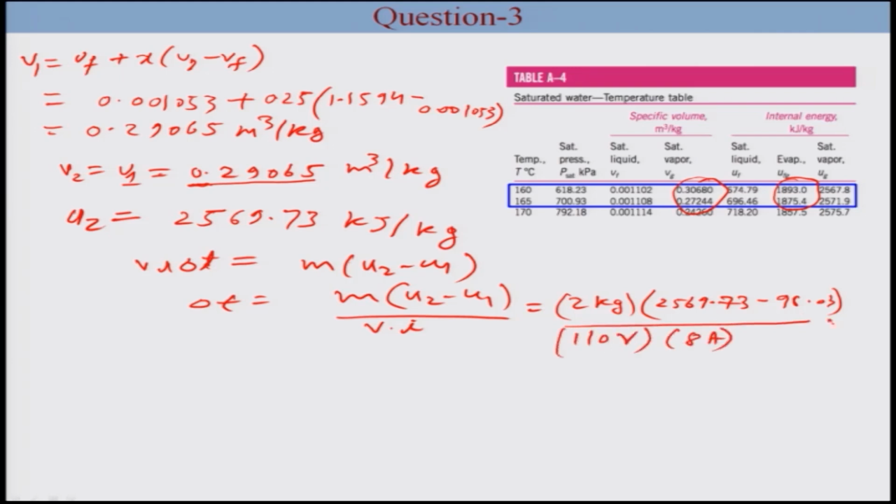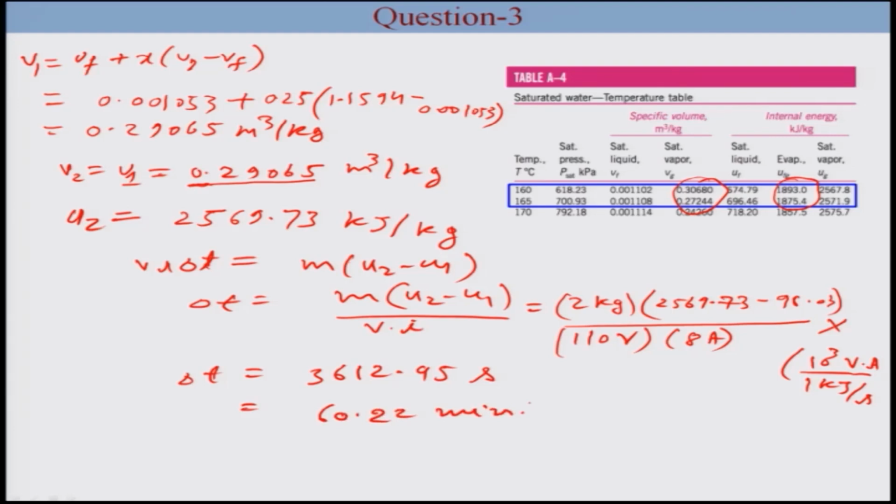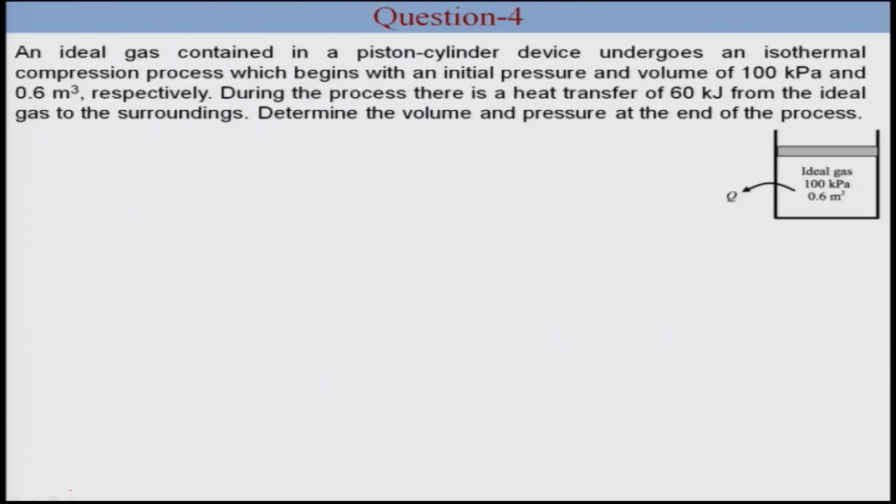And since 1 kilojoule per second is equal to 1000 volt into ampere, this gives total time equal to 3612.95 second, which is nothing but 60.22 minutes. So this much time it will take to vaporize all the liquid in the tank. So let's move to the next question.